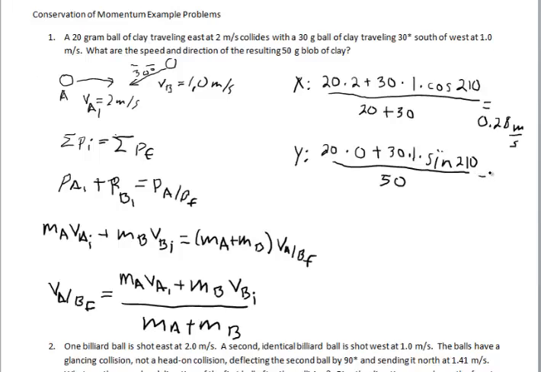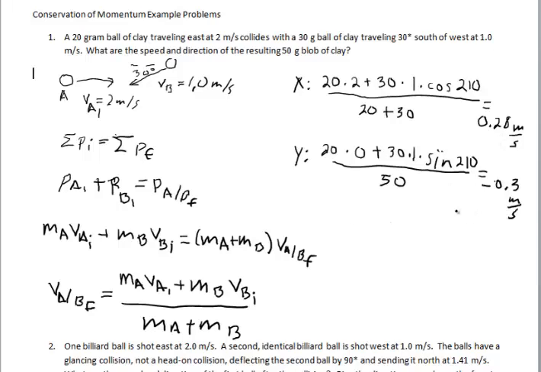Do all that calculation, you get negative 0.3 meters per second. So basically we have the x and y components.